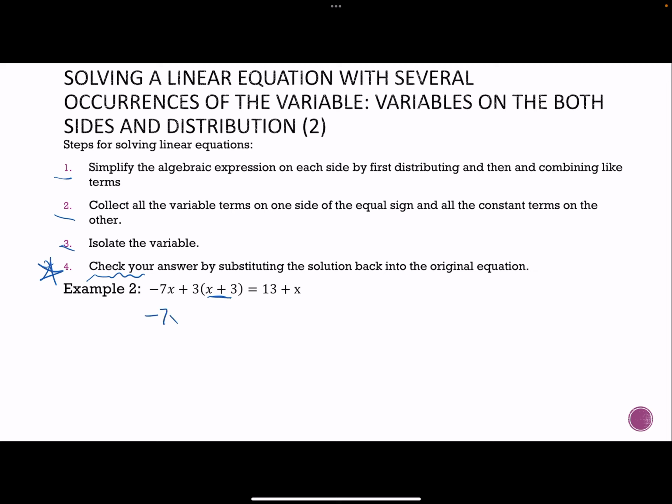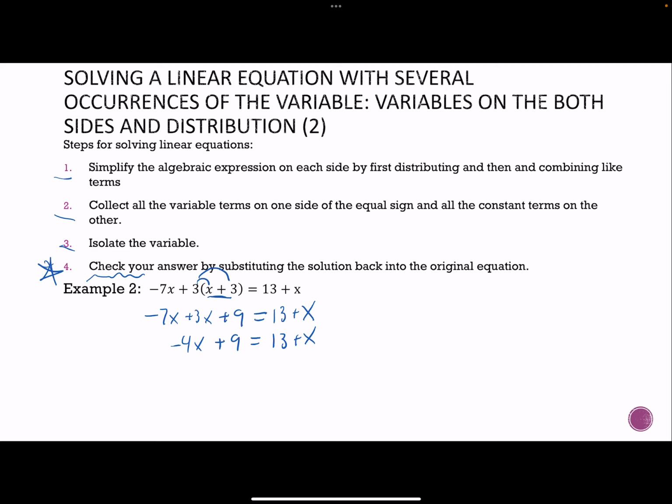So I have negative 7x plus 3x plus 9 is 13 plus x. Next step, I need to combine like terms on the left-hand side because I have two variable terms. Negative 7x plus 3x gives me a negative 4x plus 9 is 13 plus x.